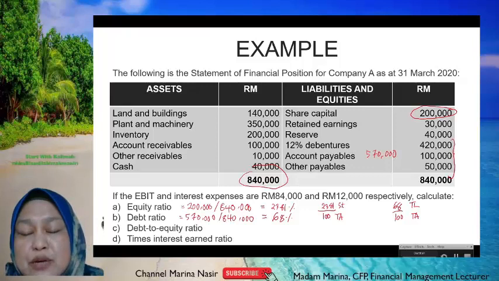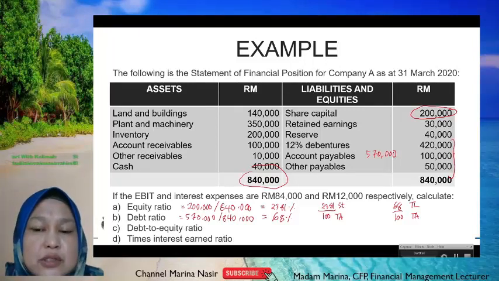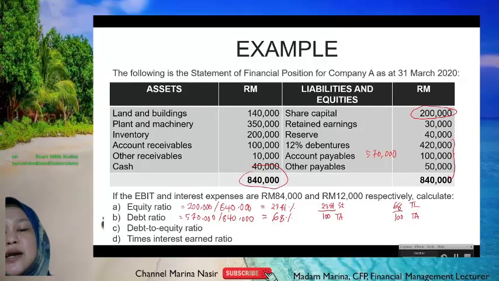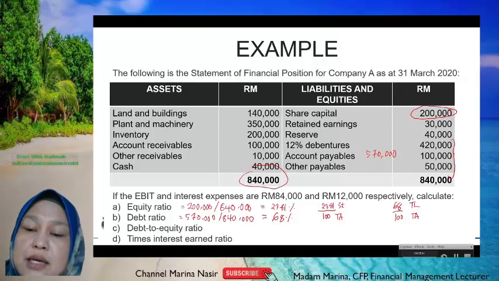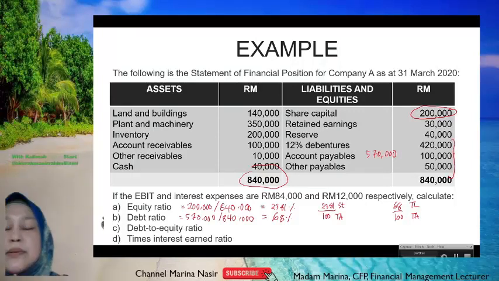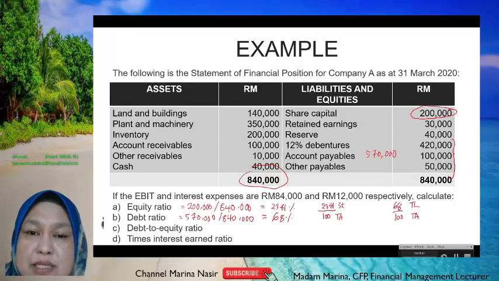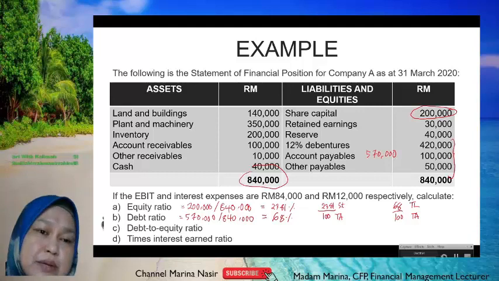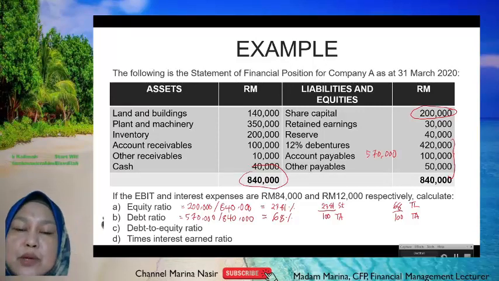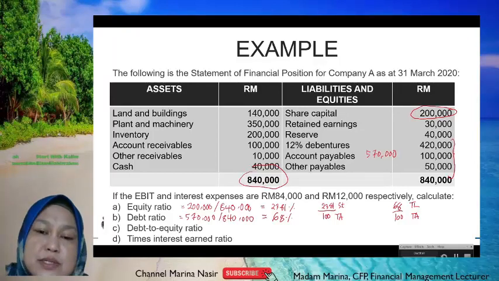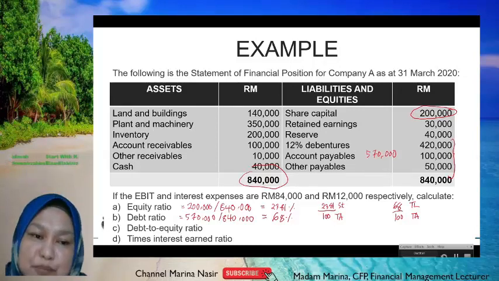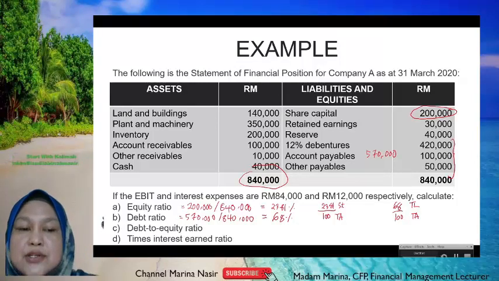Below 50% is normally considered good, but more than 50% is considered high debt. Banyak hutang lah. Terpulang kepada financial institution masing-masing, dia ada guideline masing-masing, sama ada dia nak bagi company tu pinjaman ataupun tidak. Ada yang letak 50%, ada yang letak 60%, ada mungkin yang letak 40%. Kalau dah exceed the certain percentage, dia takkan approve that loan. So this is the debt ratio.